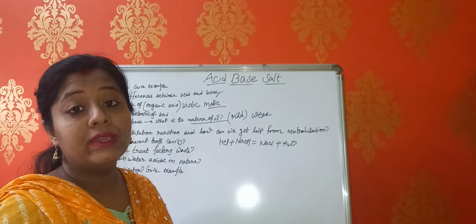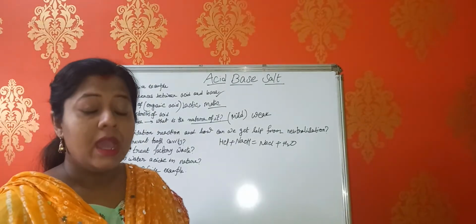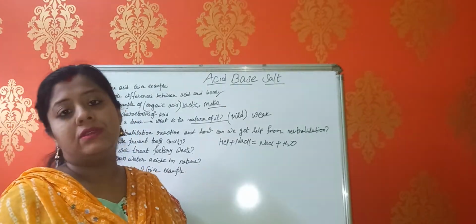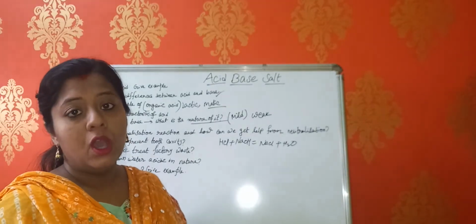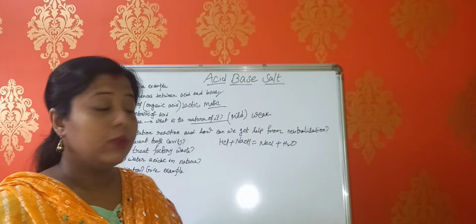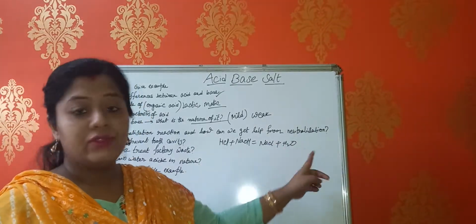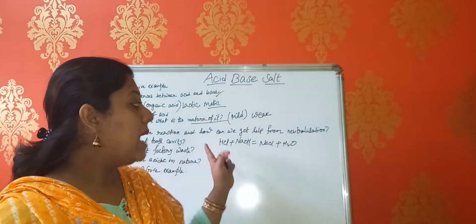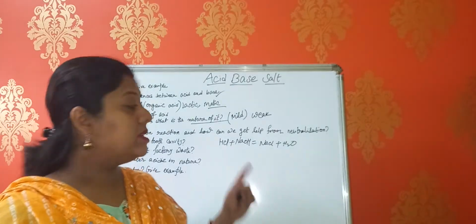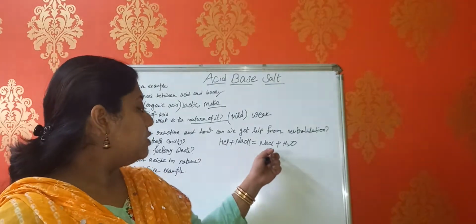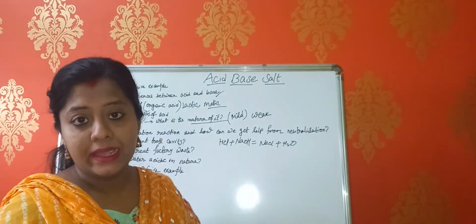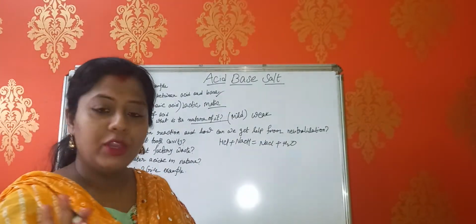Now, how can we get help from it? The neutralization reaction is required to minimize the corrosive value of acid and base both, because after neutralization, acid loses its property and base loses its property, and we get salt and water, which is not harmful.